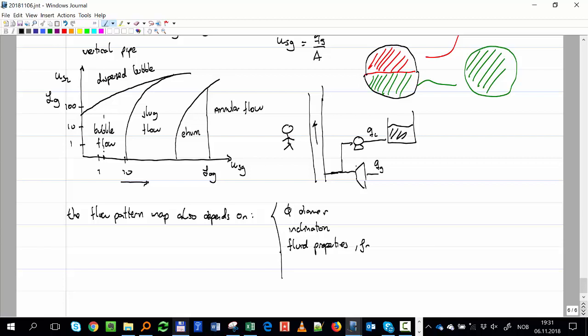That means density of gas and density of oil, because if you have a very dense gas, it behaves like a liquid. The two of them are more similar, so you have a completely different map. It also depends on the viscosity of the oil, the viscosity of the gas, and the interfacial tension between oil and gas. Diameter, inclination, fluid properties.